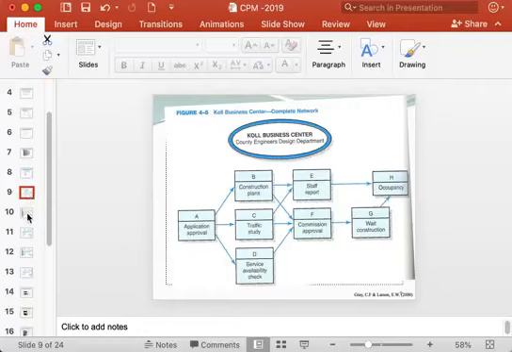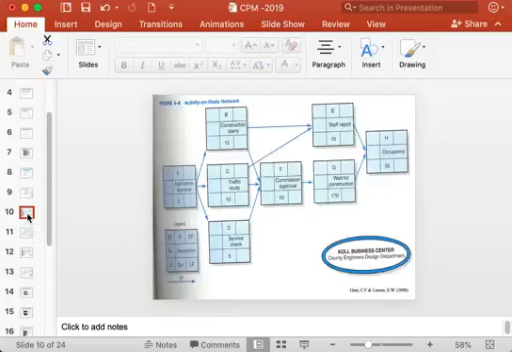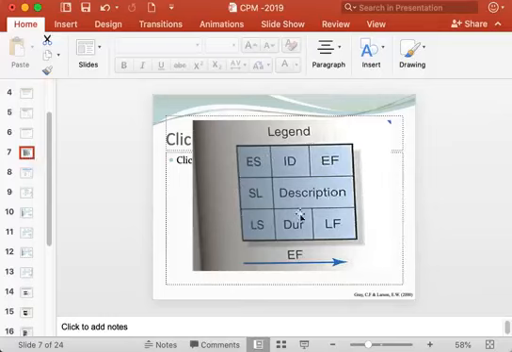Then after that you can draw a better finished network like this with this information.